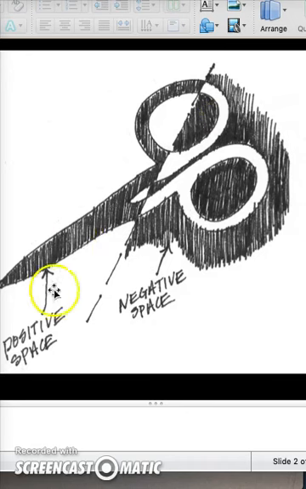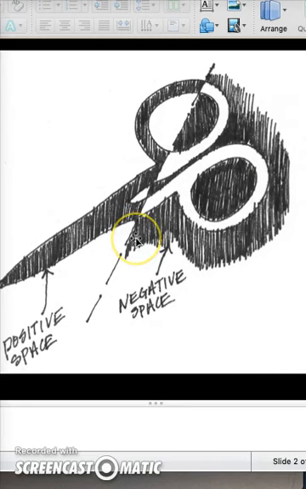So although the silhouette of the scissors would be considered the figure, in this particular diagram the artist has separated the way it's treated as one half as the positive with a white background and a dark foreground, and then the other half as a negative, where the figure is left blank and all of the information is placed around in the negative space.